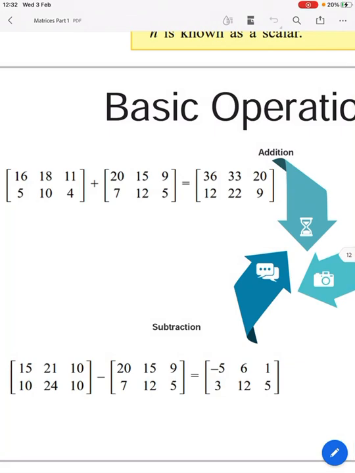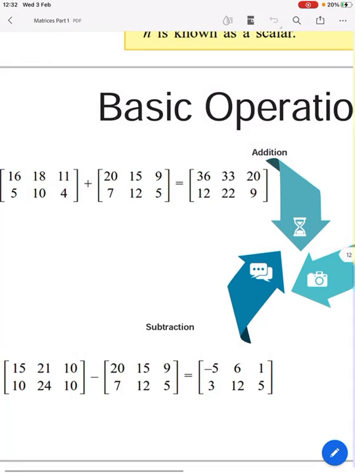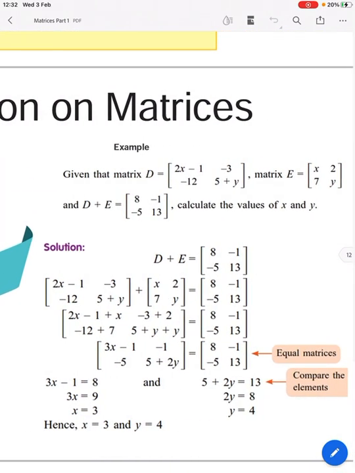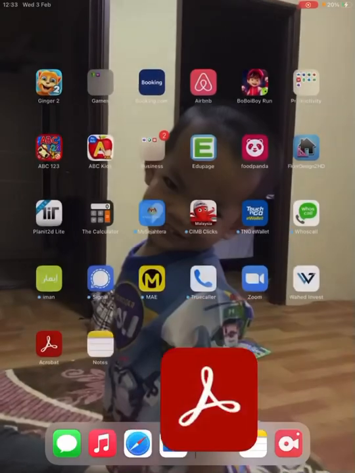So let's go for a bit more challenging example, just a little bit challenging. Example here: matrix D, matrix E, and D plus E is 8, negative 1, negative 5, 13. Calculate the values of x and y. I have the solution here, but I would prefer to show you my own working.